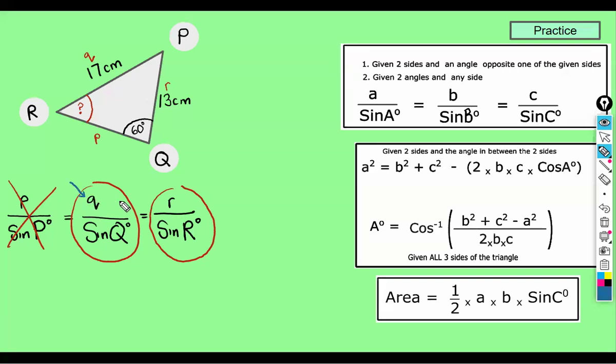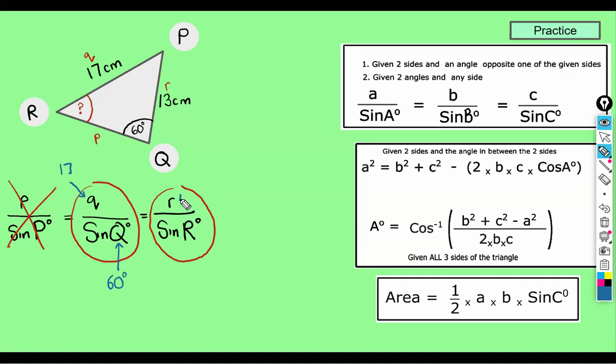Once again, common Q represents the length of a side. Common Q is 17. Now, you don't have to write the centimeters right now. You just put in 17, right? After the calculations, we can put the units. How much is capital Q? Capital Q is 60 degrees, right?